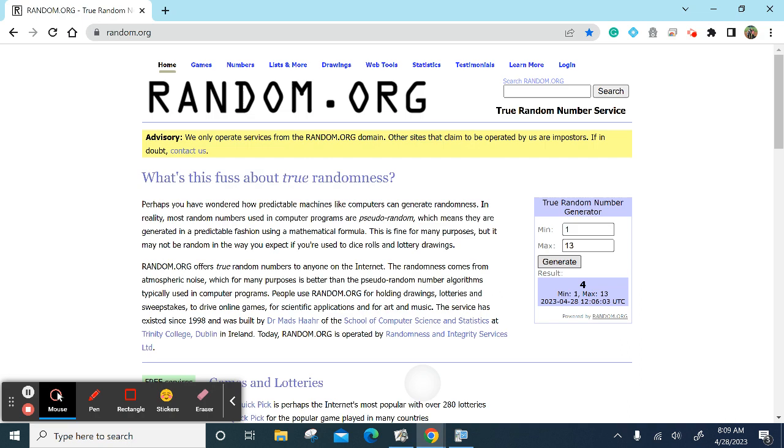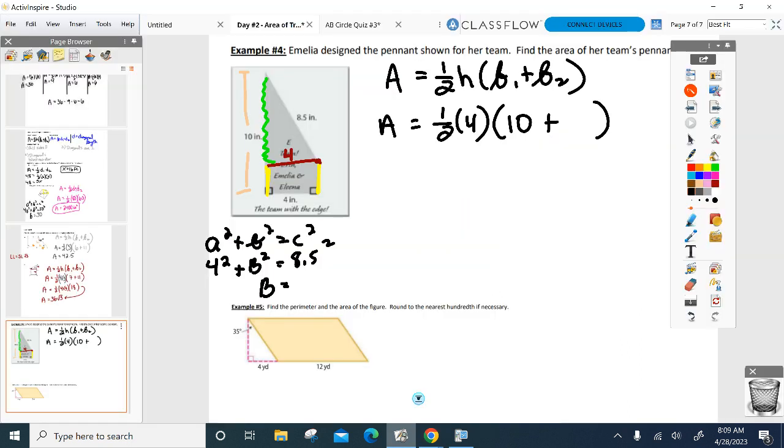When you have that value, let me know. Anna, when you're ready, what's that missing side of the right triangle? 7.5. All right, we already talked. That's not the one I was looking for. I'm looking for 10 minus that. That'll give me the other base. So 2.5.